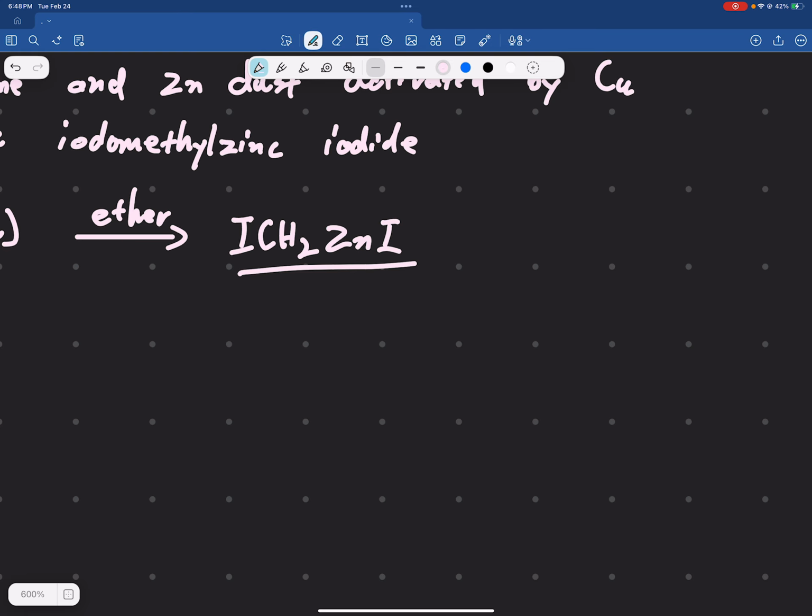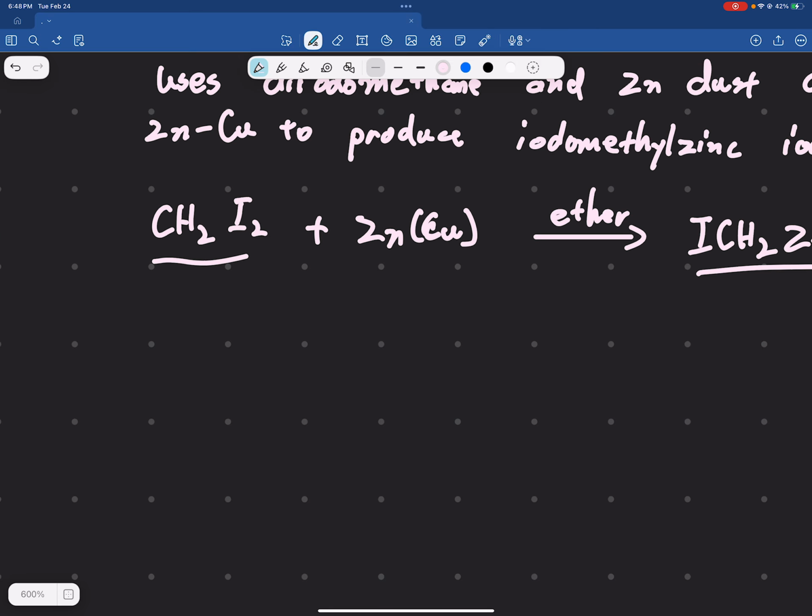This is a Simmons-Smith reagent. A Simmons-Smith reagent will react with a very wide variety of alkenes and is going to form cyclopropanes.